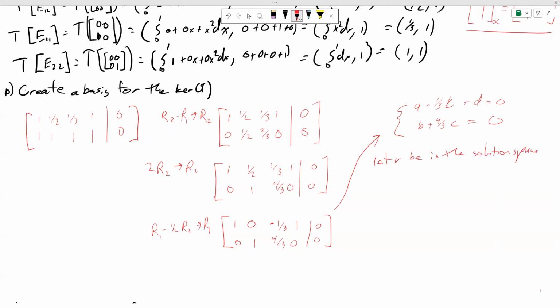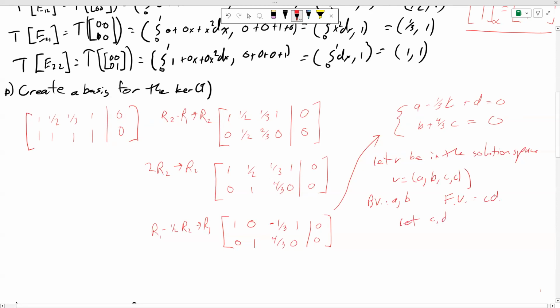So if V is in the solution space, then V equals (A, B, C, D), and our basic variables are going to be A and B, and my free variables are going to be C and D. So we let C equal T, an element of the reals, and D equals S, an element of the reals.